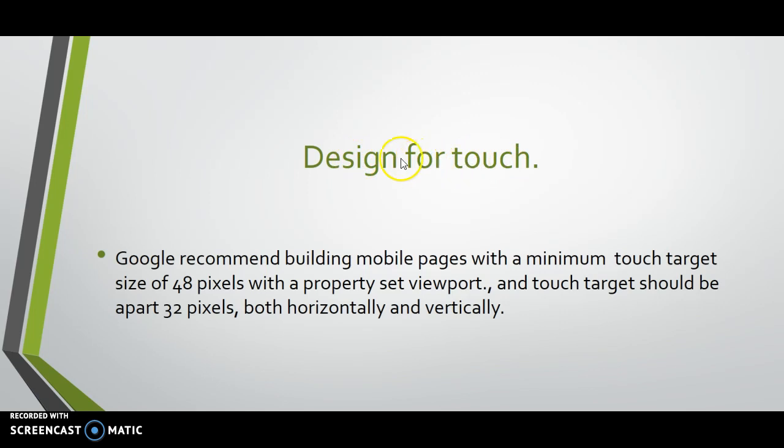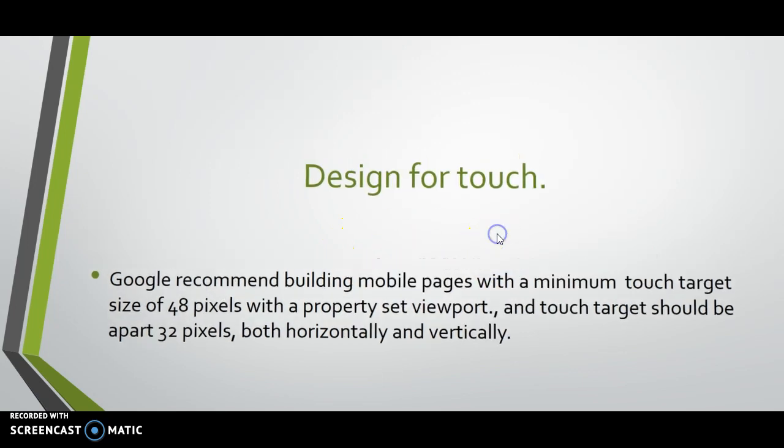So it's better if you leave enough space between each element so they can know exactly where they should click, or that they don't click in the wrong place by mistake because it was too tight or something like that.